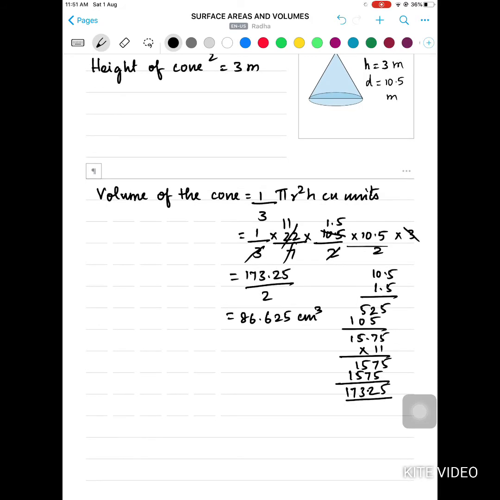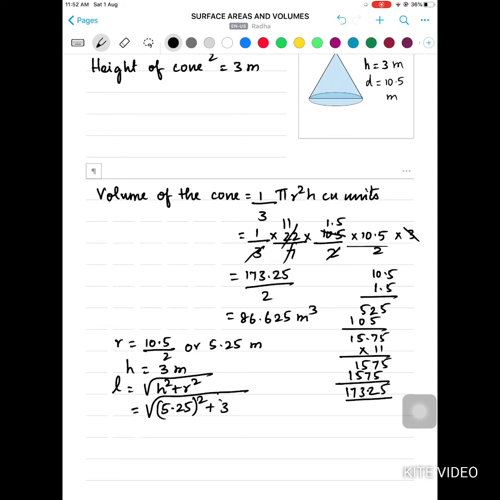You know, the radius of the cone is given as 10.5 by 2 or 5.25 meter, and height is given as 3 meter. So for CSA of the cone we need the slant height. So slant height L is equal to square root of h squared plus r squared. So it is square root of 5.25 the whole squared plus 3 squared.